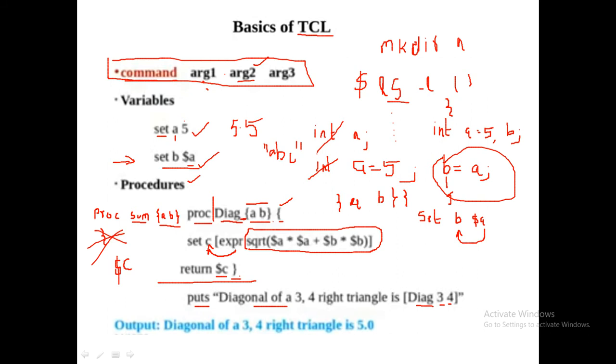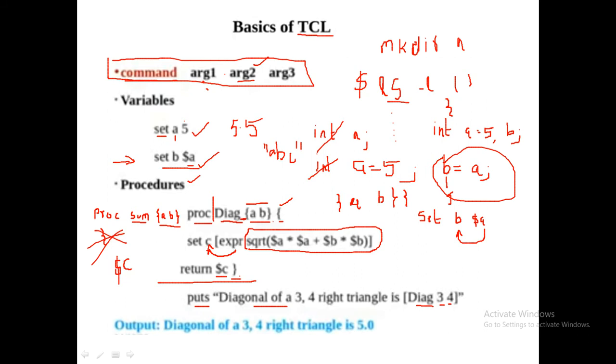Now this value 3 is assigned to A, 4 is assigned to B. Then it comes here and calculates 3 into 3, 3 square, plus 4 into 4, right? 3 into 3 is 9, 4 into 4 is 16, so 9 plus 16 is added.